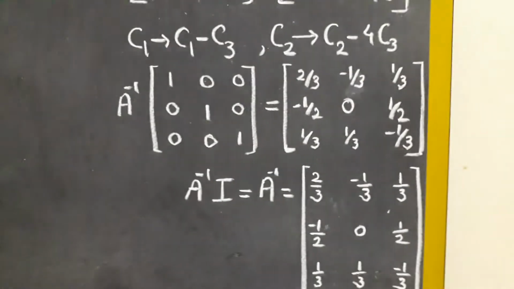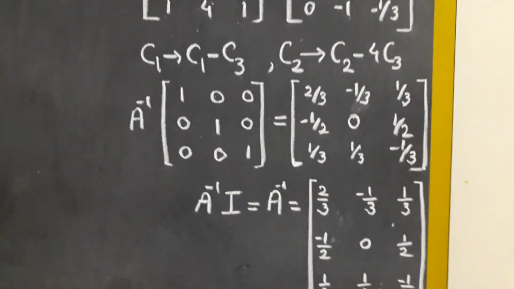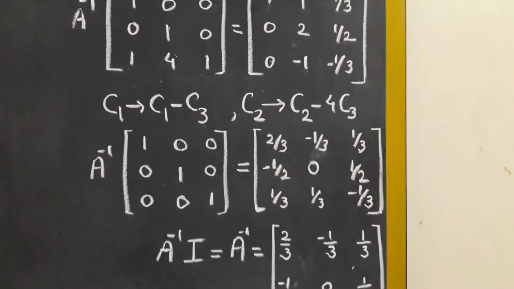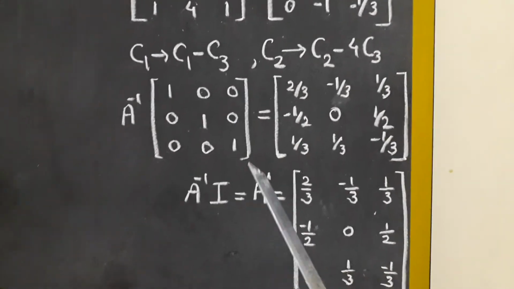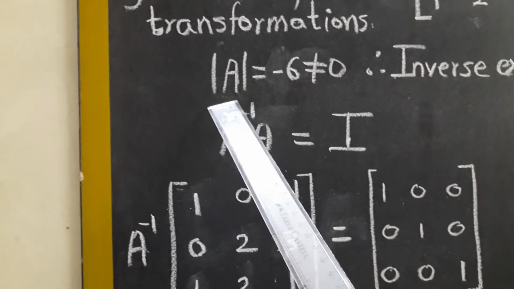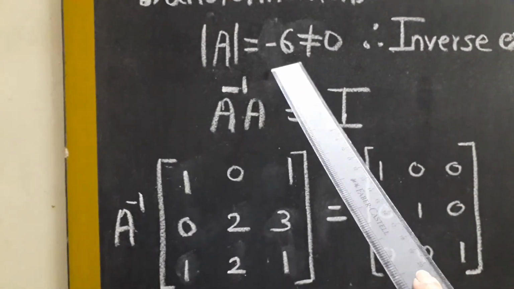Here you can note that in the adjoint method we have seen that A inverse is 1 upon the determinant of A. Here we have seen that the determinant of this value is minus 6.